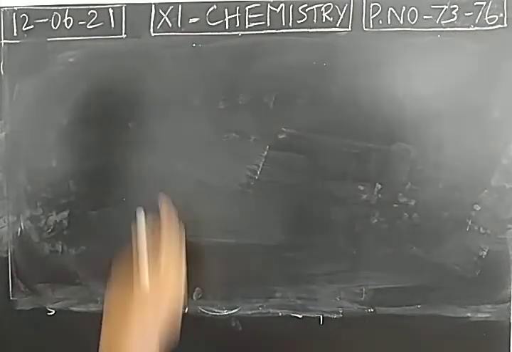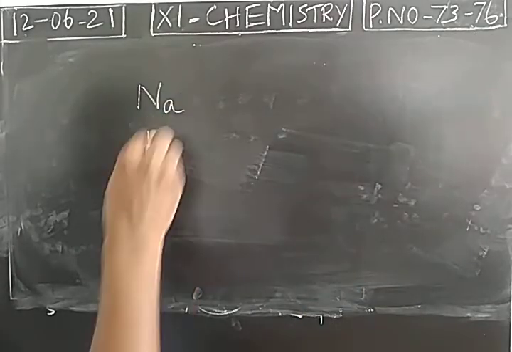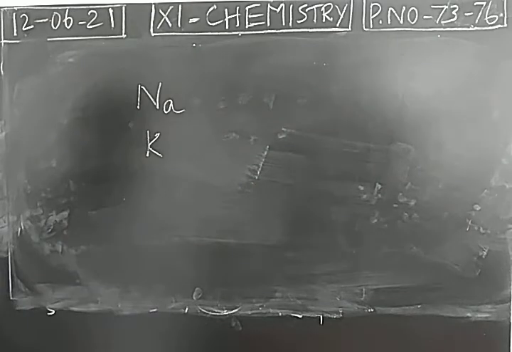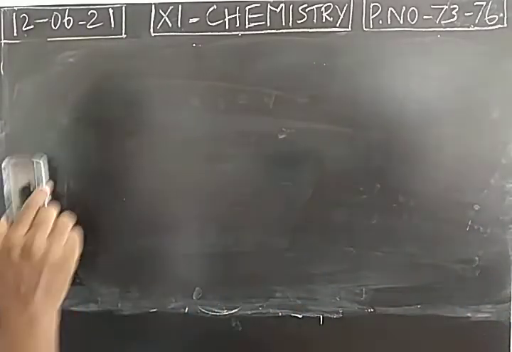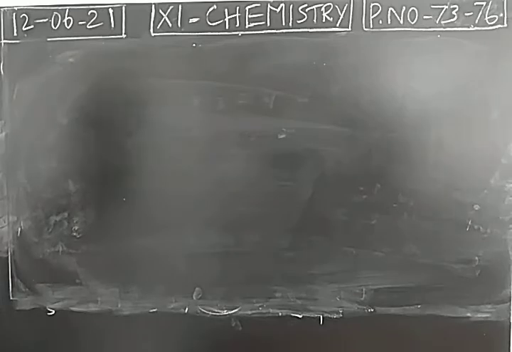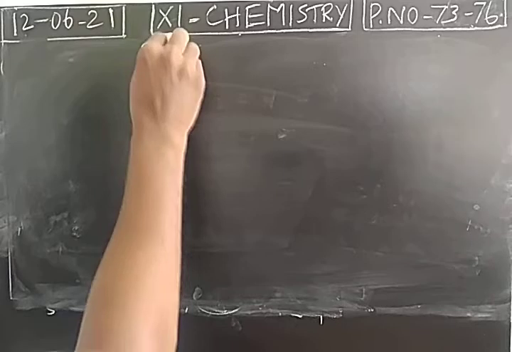Now we write sodium as Na, potassium as K. We write the symbol. This is obtained after the authentication process. So if the symbol and the name are not finalized by the UPOC, a temporary name and symbol will be used. For that we have certain rules.